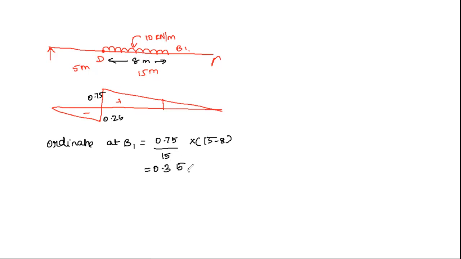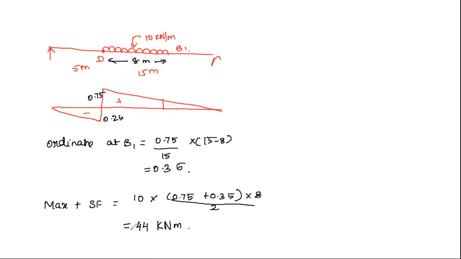Is equal to 0.35. Maximum positive shear force is equal to intensity of load, that is 10 into area of the ILD under the load. So here it is given as 0.75 plus 0.35 into 8 divided by 2, which is equal to 44 kilonewton.